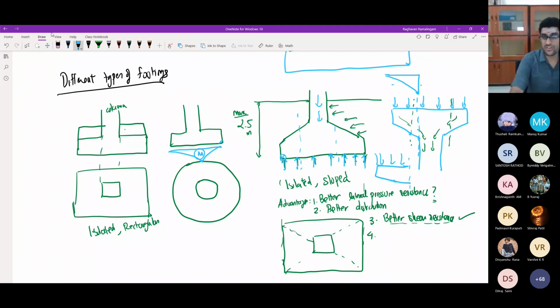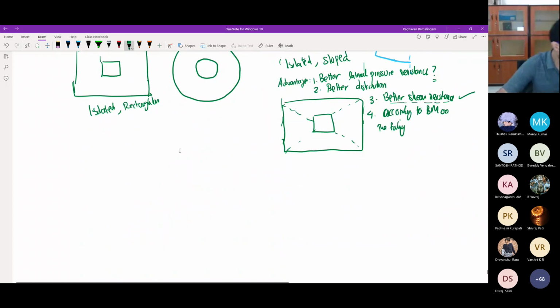So instead of using the same thickness throughout, you just vary the thickness in accordance with the bending moment on the footing. This is why many times people use this kind of sloped footing. It is for these particular reasons.